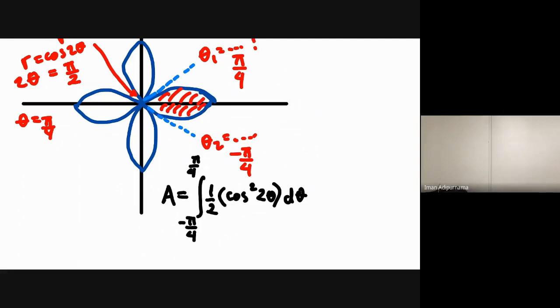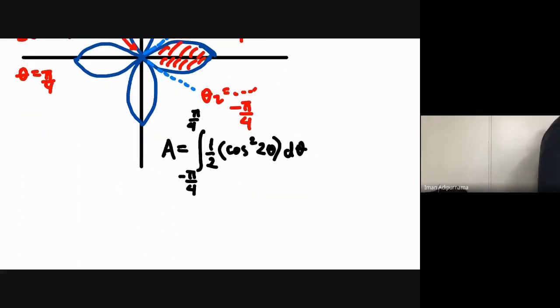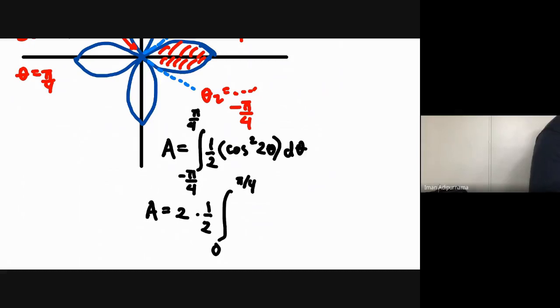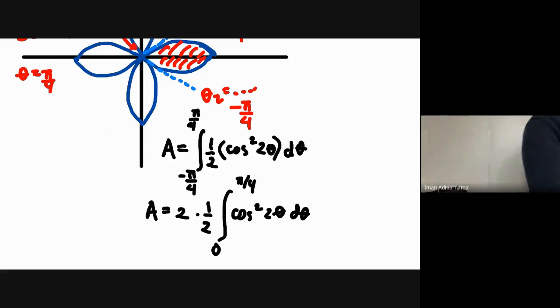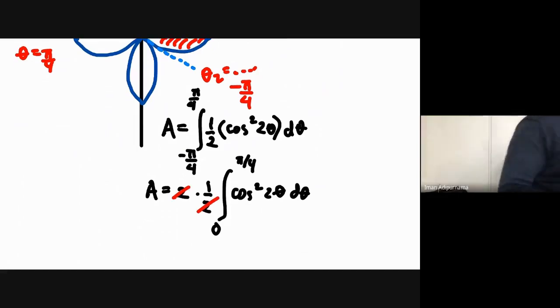So the area will be 2 times the integral from 0, with the half cancelled.